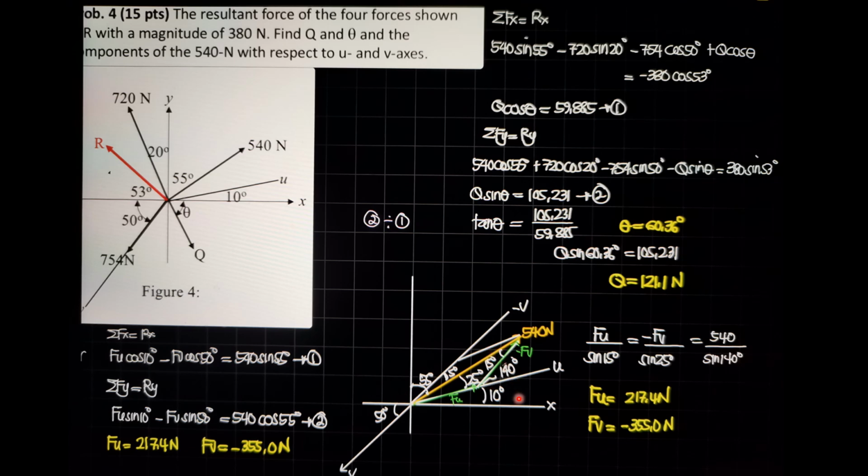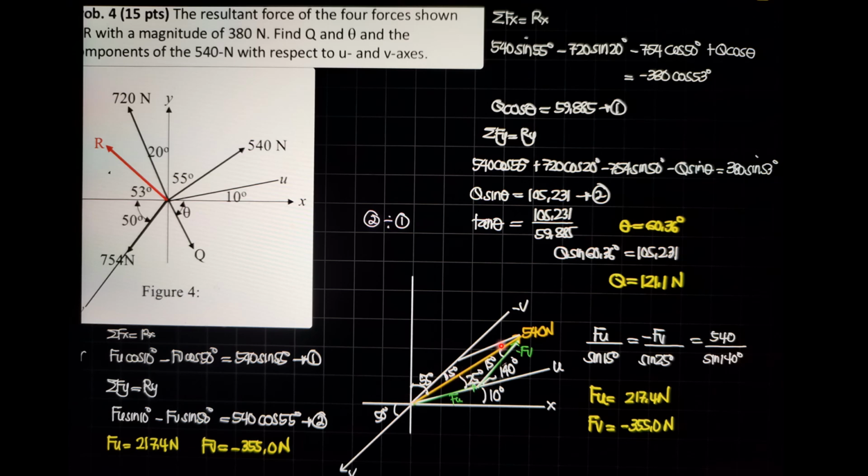Now, the angle that the 540 Newton force makes with the u-axis is 90 degrees minus 55, and that's 35 degrees, minus 10 degrees, so therefore this is 25 degrees, which is this 25 degrees, and that's 15 degrees. Therefore, this remaining angle is 180 degrees minus 15 degrees minus 25 degrees, and that's 140 degrees.